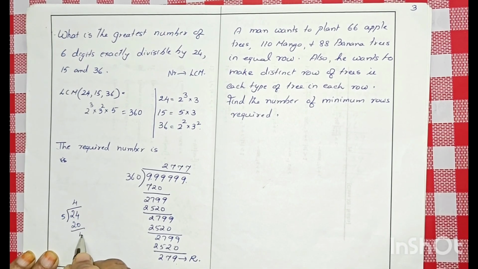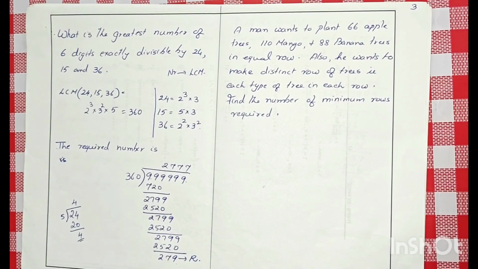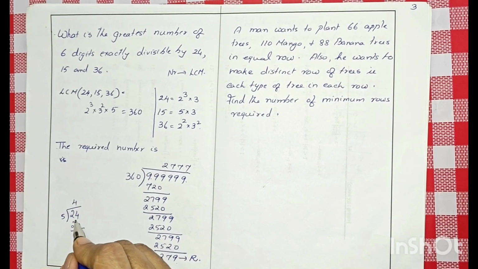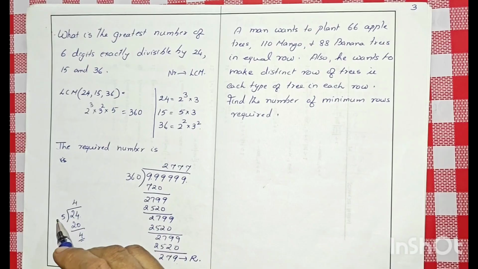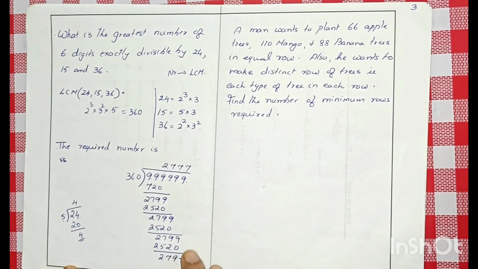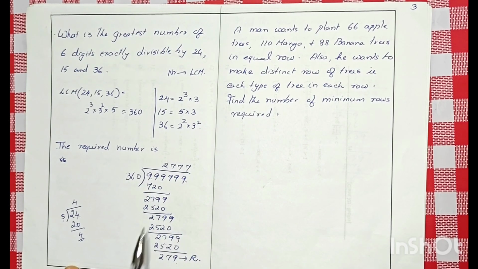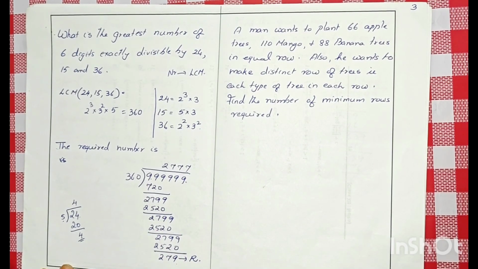You will get a remainder of 4. To make 24 completely divisible by 5, you have to subtract 4 from 24, so it becomes 20. So 20 will be completely divisible by 5. The same concept we are using here. You subtract 279 from this number, so that number will be completely divisible by 360.